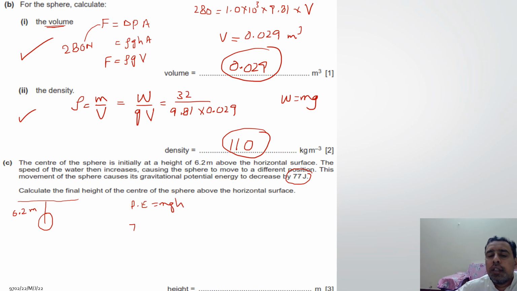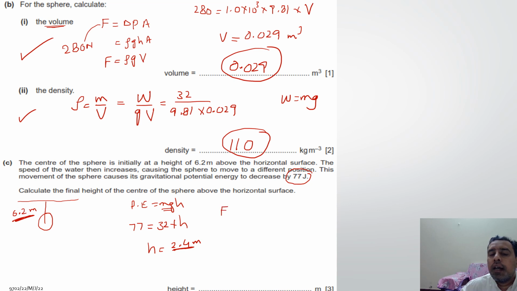The potential energy is 77 and mg is the weight of the sphere, that is 32, so h is 77 by 32, that is 2.4 meter. So initially the height was 6.2, and due to this new energy the height is 2.4 meter. And in the question you have to find the final height.